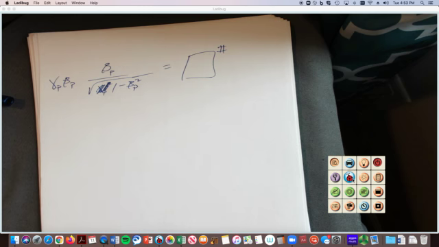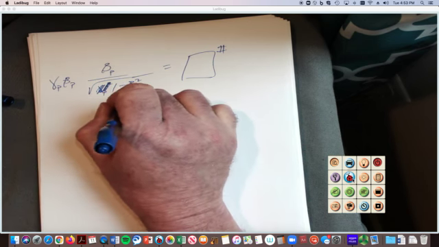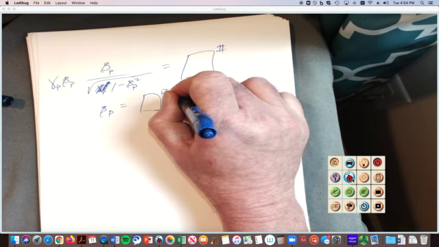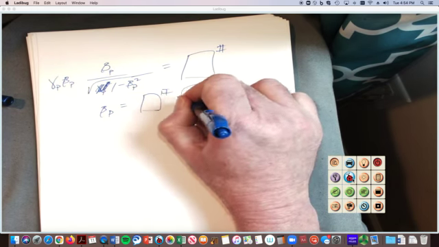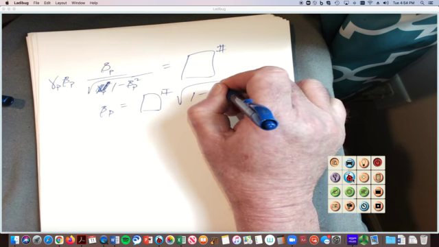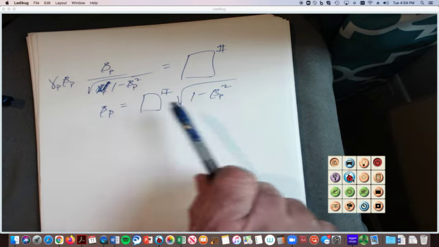All right. Now then, here's how we solve this. We get beta P is equal to the block of numbers times the square root of 1 minus beta P squared. We only have one unknown, I mean, we only have one variable.